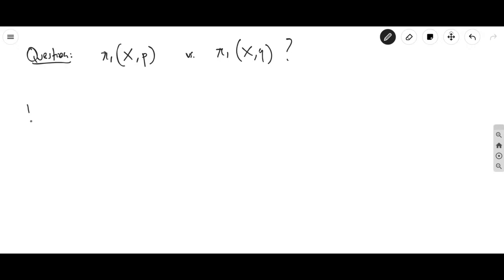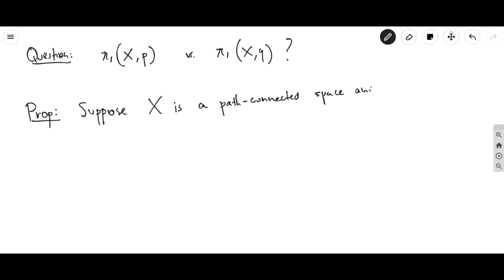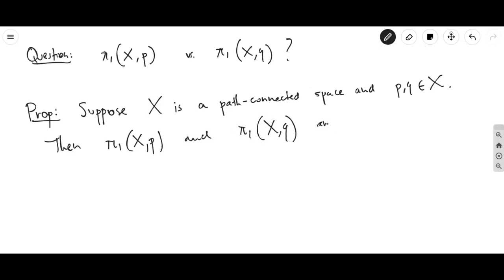So this is the proposition. Suppose X is a path connected space, and P and Q are points in X. Then the fundamental group of X at P and the fundamental group of X at Q are isomorphic groups.